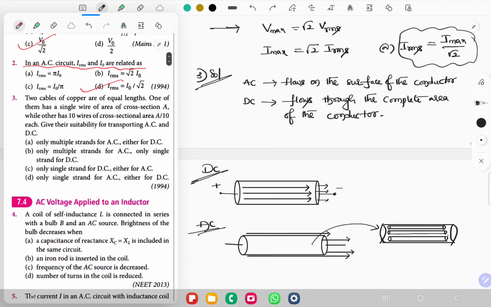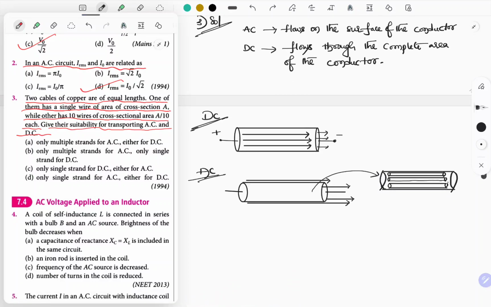So let's solve the question. Two cables of copper are of equal lengths. One of them has a single wire of area of cross section A, while the other has 10 wires of area of cross section A by 10 each. Give their suitability for transporting AC and DC.